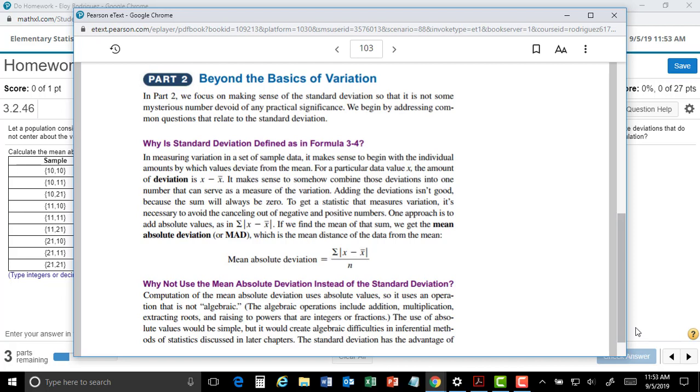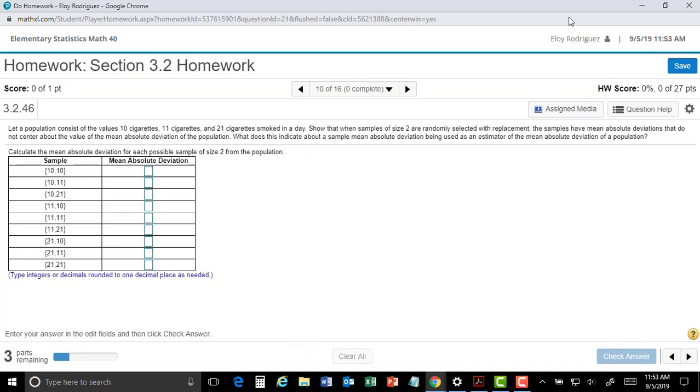I don't know if you've seen that or not. That was the last thing. So the general question they're going to ask is, what does this indicate about the sample mean absolute deviation being used as an estimator for the mean absolute deviation of the population?